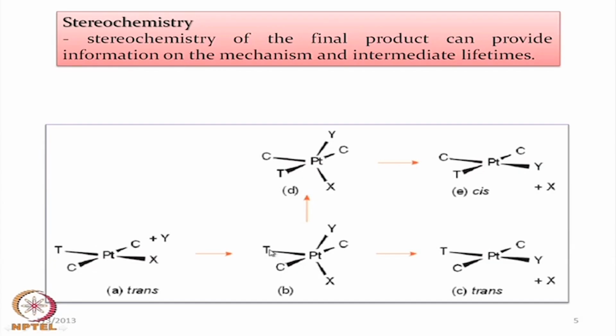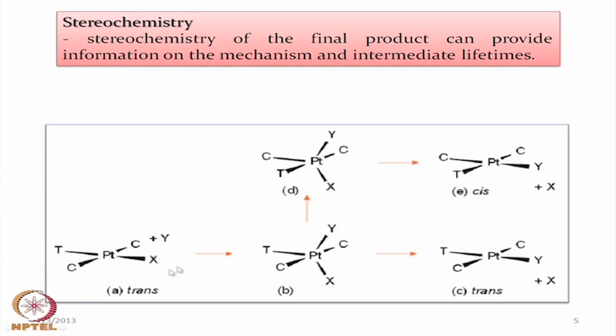So, T is there and this T is basically labilizing the group X, but as an intermediate case where this X has not gone away, it is not giving us a trigonal geometry. Because what we have discussed earlier, X can go away, giving rise to a tri-coordinated form of the platinum, and if all these three groups rearrange and come to an angle of 120 degree, then the trigonal coordination environment can be achieved.